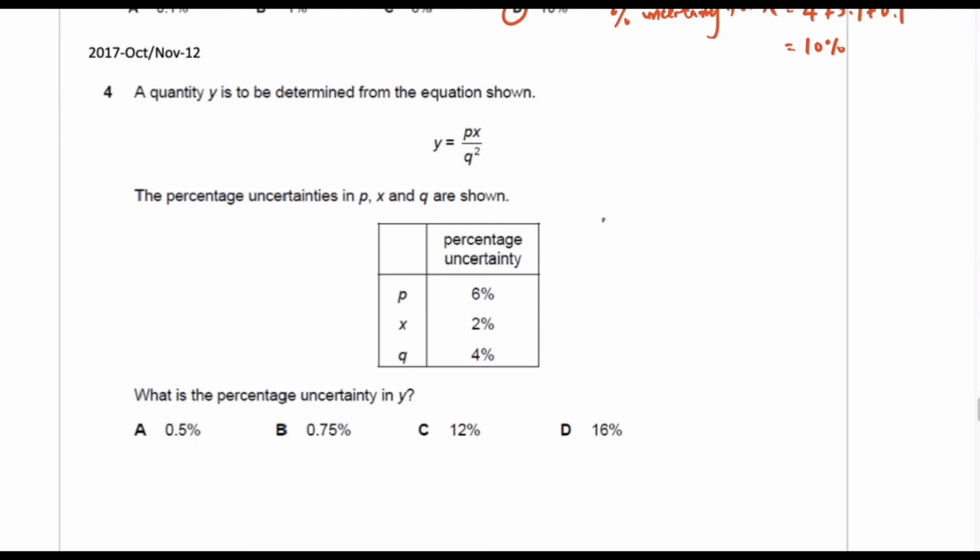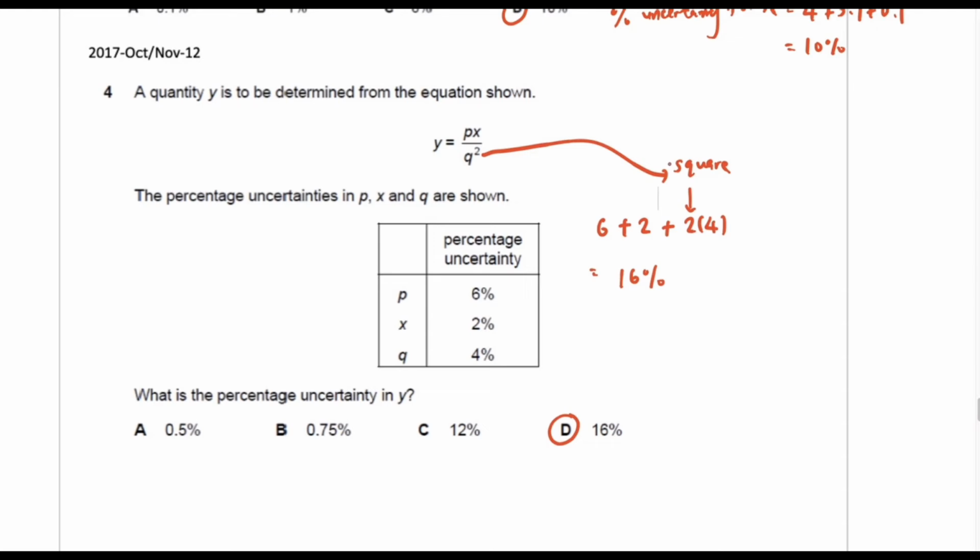So 6 plus 2 plus 2 times 4, because of the square. That gives 16%. Because of the square, we have to times 2. Without a square, we just add up the percentage. So we get D for this case.